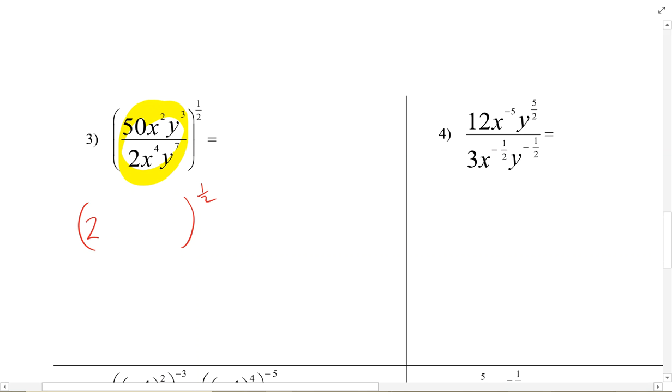Liam says 25. x squared divided by x. Negative 2. And then on our y's, 3 minus 7, so we get y exponent negative 4.